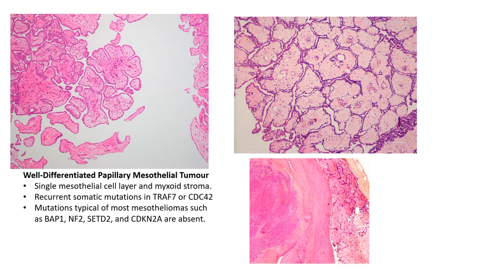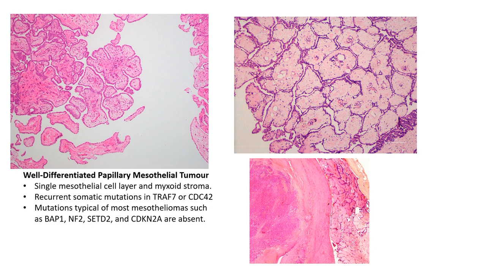Just to touch on well-differentiated papillary mesothelial tumour, these generally present in the peritoneum, but can present in the pleura. They are a single layer of mildly atypical mesothelial cells with stromal cores and little or no invasion.